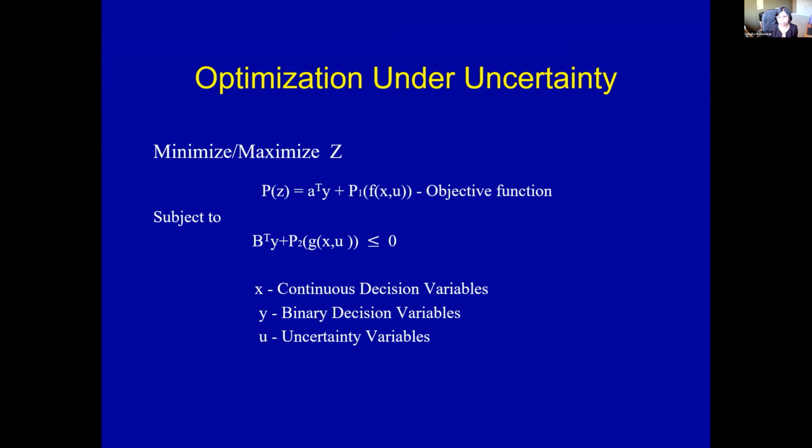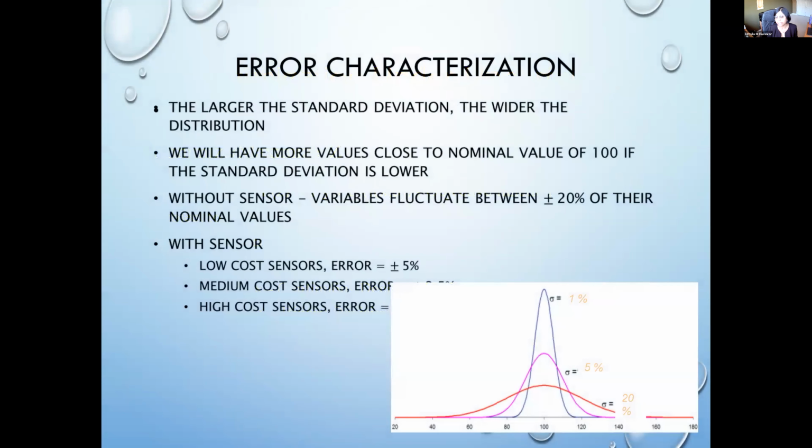What we do in our group is use the sensor measurement characteristics. If you don't have any sensors, your error in calculation of that variable is higher. If you have sensors, depending on the cost of the sensor, your error characteristic can change.